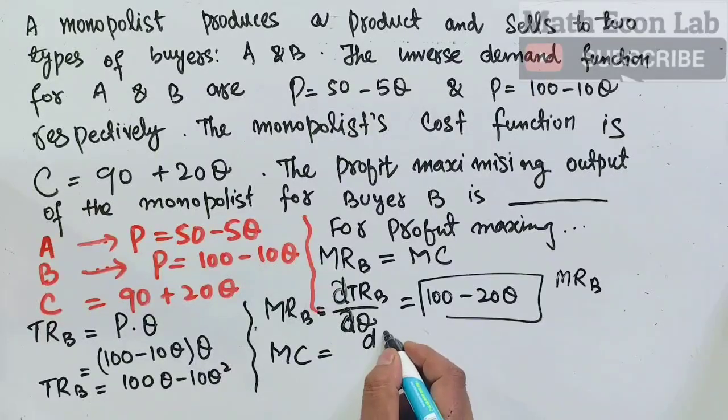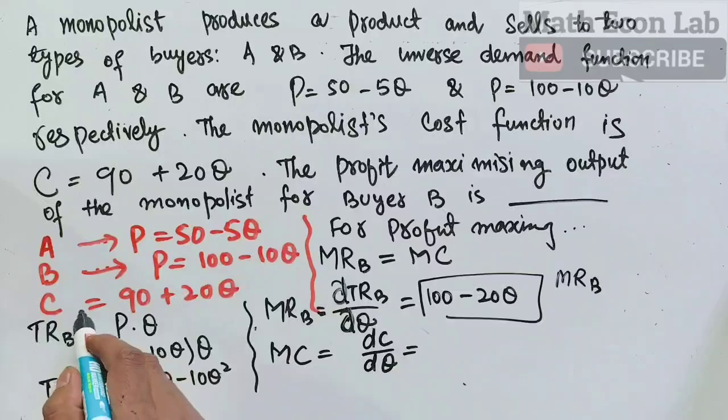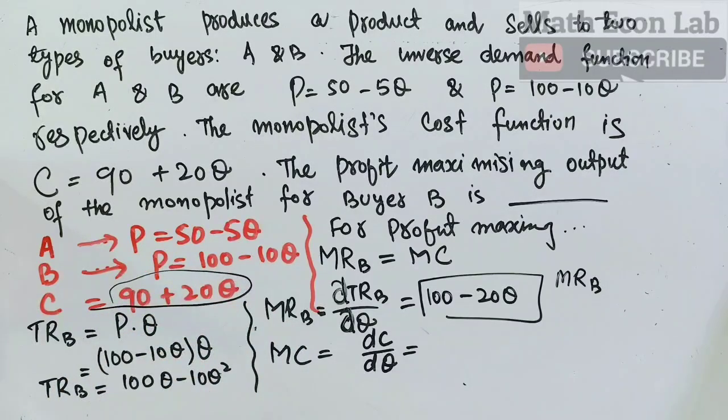Similarly, we need to find the marginal cost. Marginal cost is the change in the total cost due to the change in the output. So we differentiate this cost function with respect to Q. Derivative of a constant is 0, derivative of 20Q is 20, so we are left with 20.